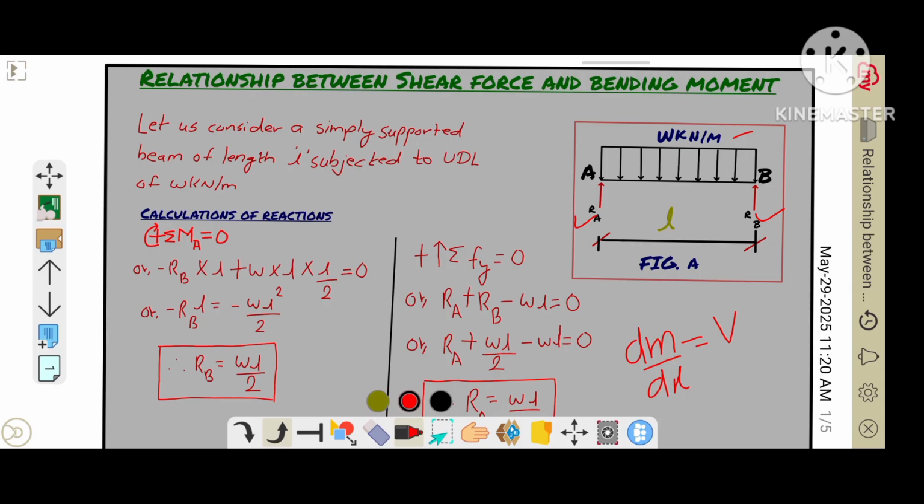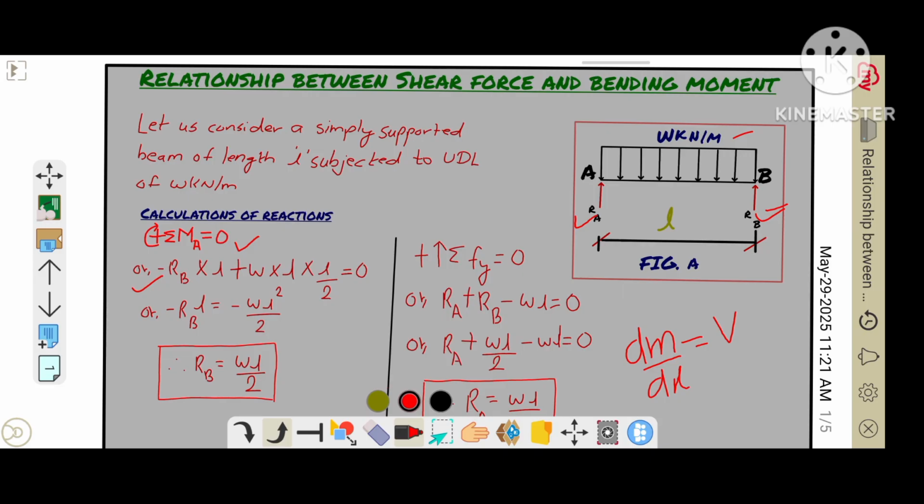To calculate the reaction at point B, I am going to use static equilibrium, that is, summation of moment at A is equal to 0. Since the reaction at B, that is Rb, rotates the beam in anti-clockwise direction, it is taken as negative.